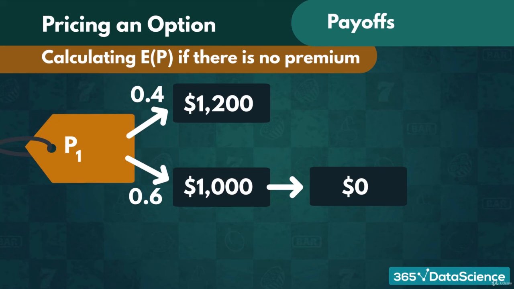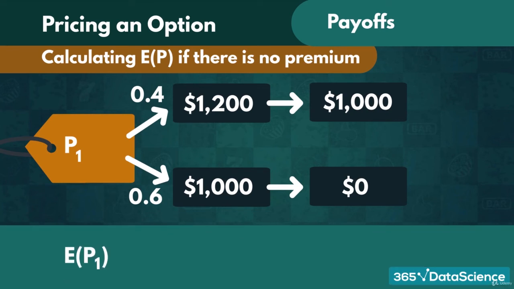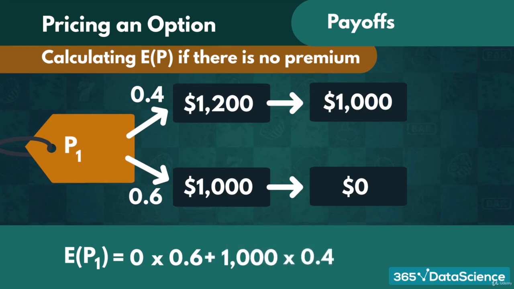Alternatively, if the price rises, we would yet again be making $100 on each of the 10 stocks, so $1,000 in total. We already know the probabilities of both events, so we plug them into the expected value formula. We get $0 times 0.6 plus $1,000 times 0.4, or $400.